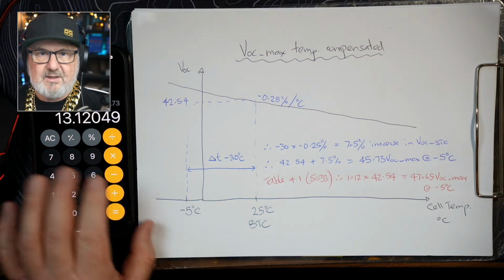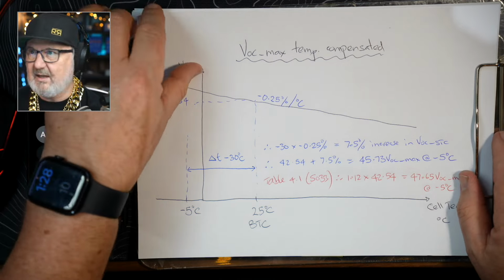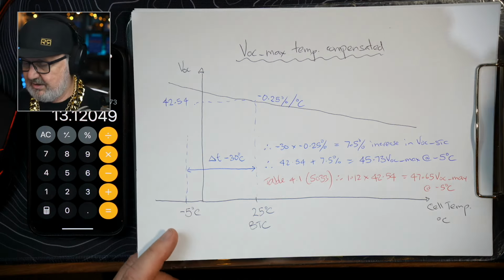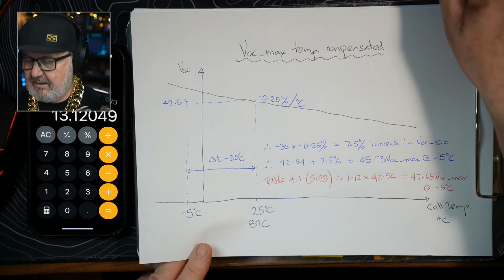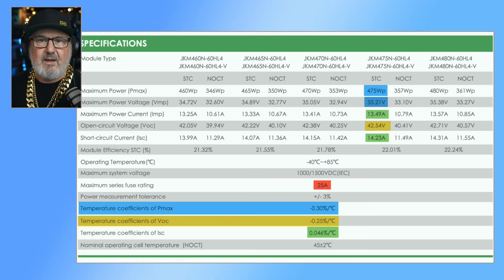All right, so let's jump on to the next item. We were looking at open circuit voltage, but now let's look at power. Why do we want to look at power?